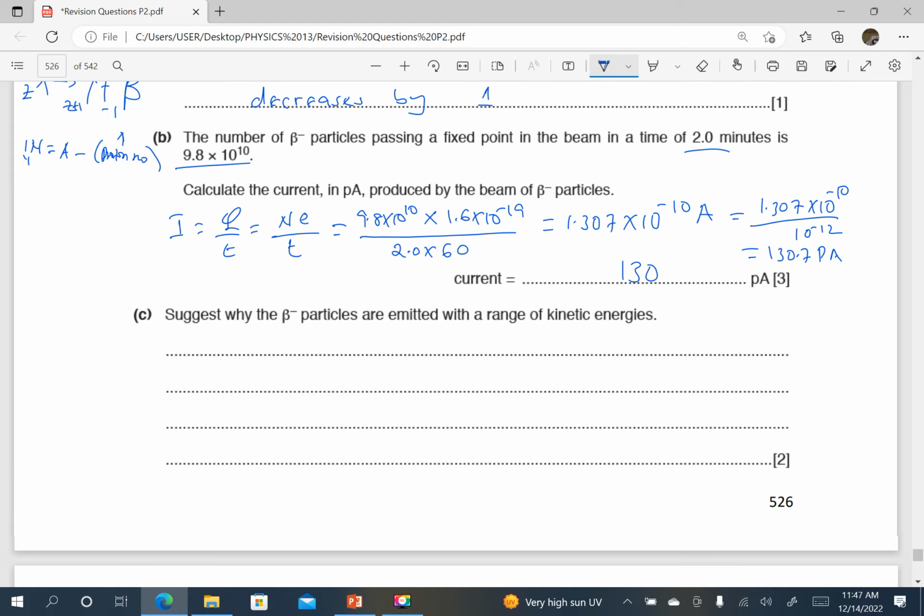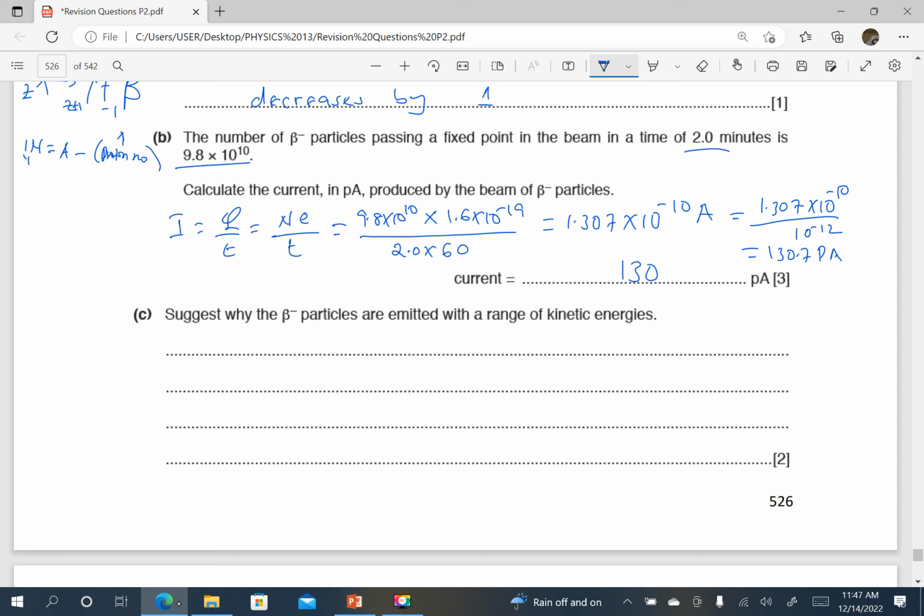Suggest why the beta minus particles are emitted with a range of kinetic energies. Of course, we know that when a proton changes into a neutron, a beta particle is emitted, but these beta particles are accompanied by other particles such as the electron neutrino or the electron antineutrino. The energy with which these beta particles are emitted is going to be shared.